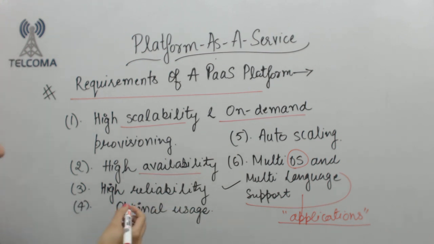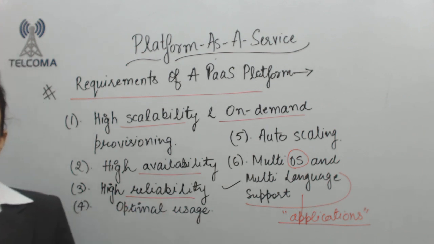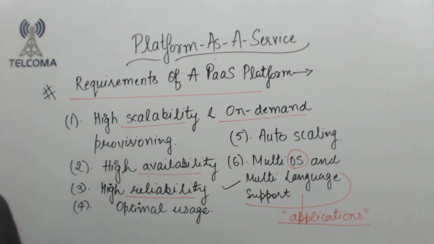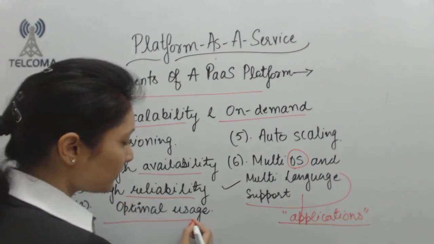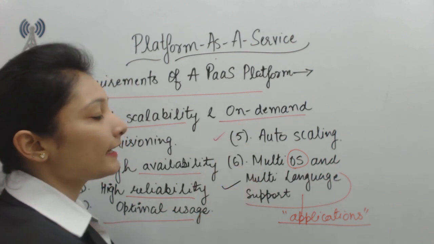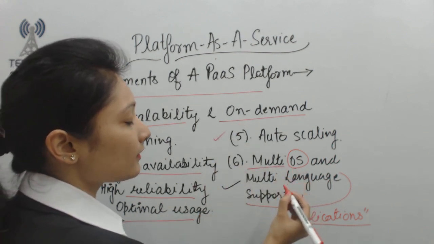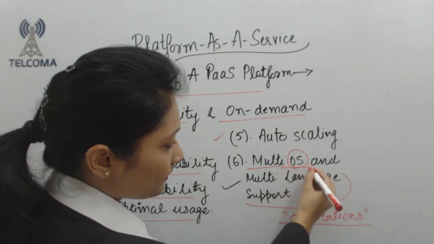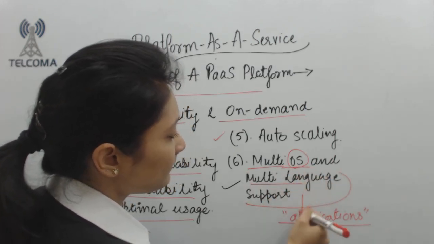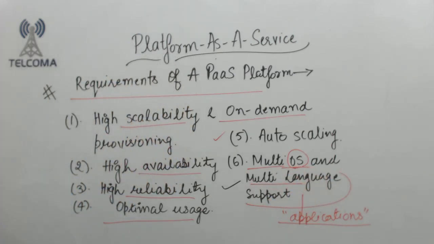Then reliability, that means when certain requests are made, always some services are running to respond to or receive those requests. Then the optimal usage of resources, then scaling of the resources, and then operating systems and your different languages. So these are certain requirements associated with platform as a service.